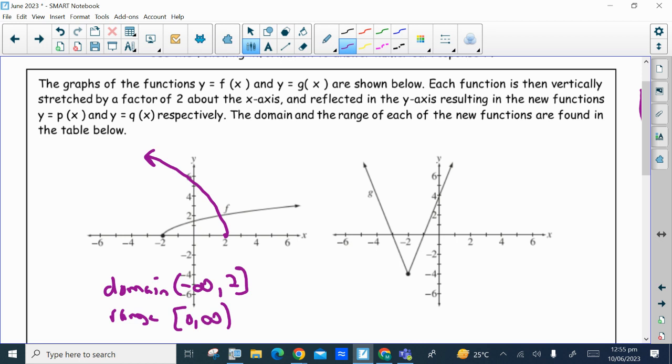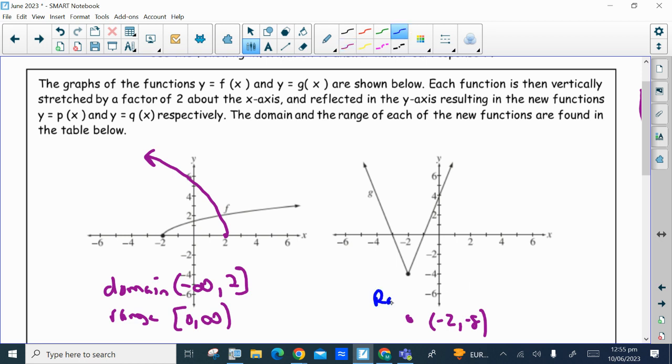Now, what about the graph of q? If you vertically stretch it by a factor of 2 about the x-axis, that's going to change this point here. Instead of starting at (-2, -4), it's actually going to start at (-2, -8). So that is how we determine our range.